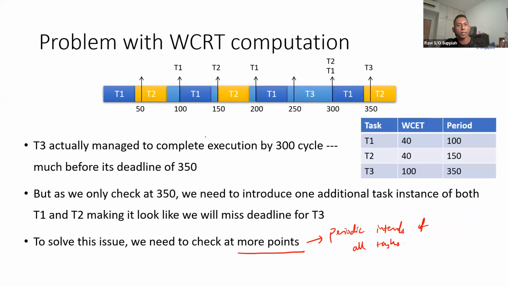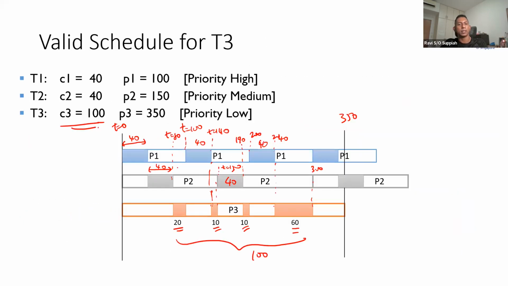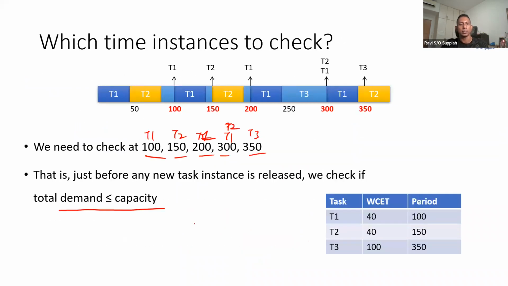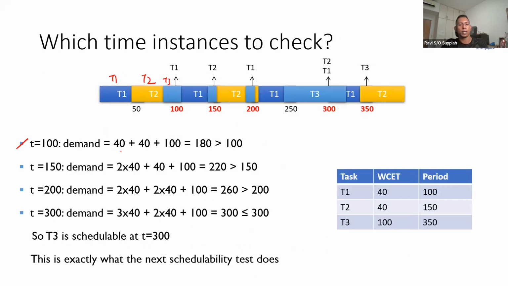So when you come back here, you can see clearly, at time t equals to 100, which is here, you have one instance of task 1, one instance of task 2, and one instance of task 3. Okay, so since you have one instance of each of these tasks, the total computation time you will require is 180.